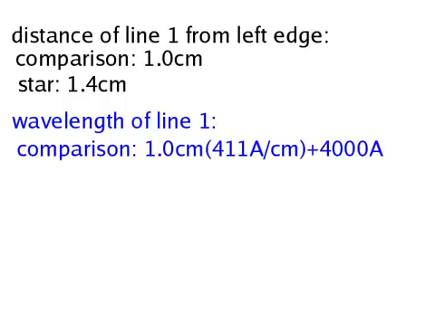That's actually pretty easy. It's 4,411 angstroms. That would be the wavelength of our comparison line, and then we get the line from the star. That would be 1.4 centimeters times 411 angstroms per centimeter, and then plus 4,000.